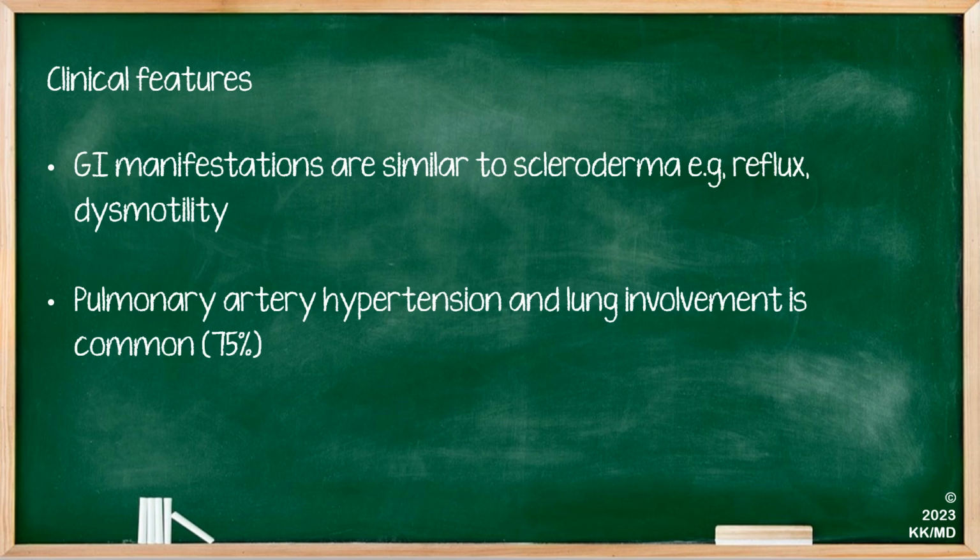GI manifestations are also quite common, especially if there is a concern about scleroderma, such as having significant reflux disease or oesophageal dysmotility. And finally, pulmonary artery hypertension and lung involvement in the form of interstitial lung disease is also quite common, with approximately 75% of patients unfortunately suffering from this.